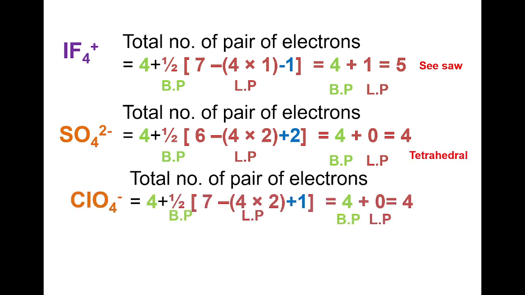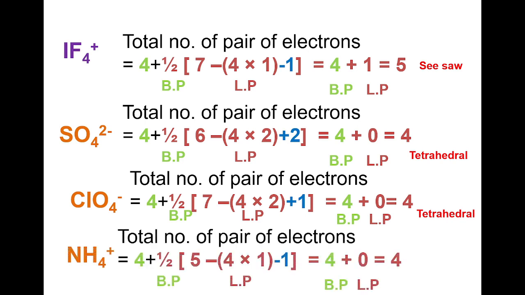Similarly, if you look at the structure of the chlorate ion ClO4 minus 1, we'll get 4 bond pair, 0 lone pair. The shape will be again tetrahedral. If you look at the shape of NH4 plus, the ammonium ion, here a plus 1 charge is there.